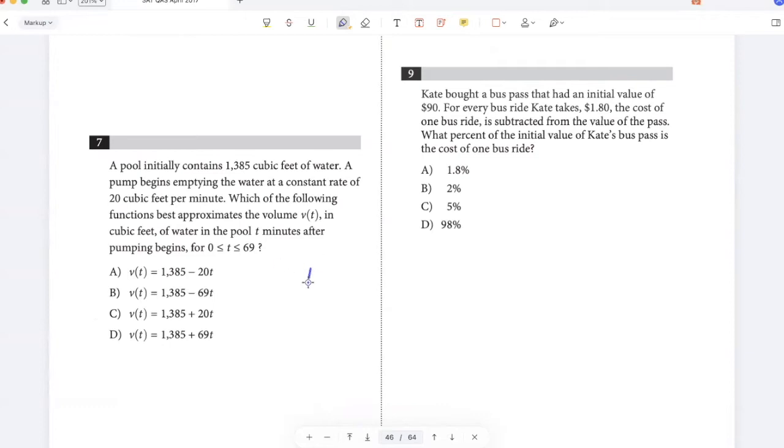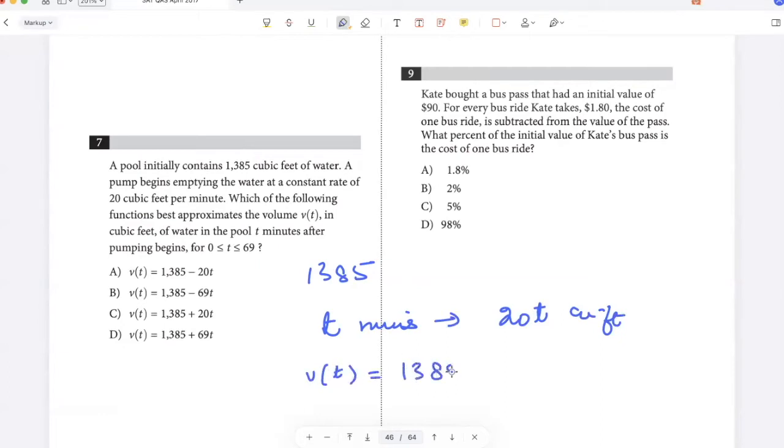So I start with 1385, and every minute it's emptying at a rate of 20 cubic feet. So after t minutes, it would empty how much? 20t cubic feet. So what will I be left with? The amount would be 1385 minus 20t. Option A.